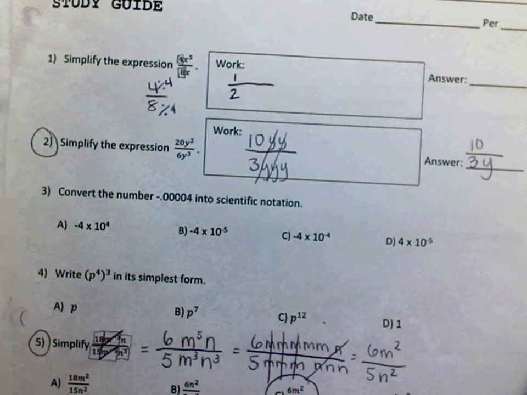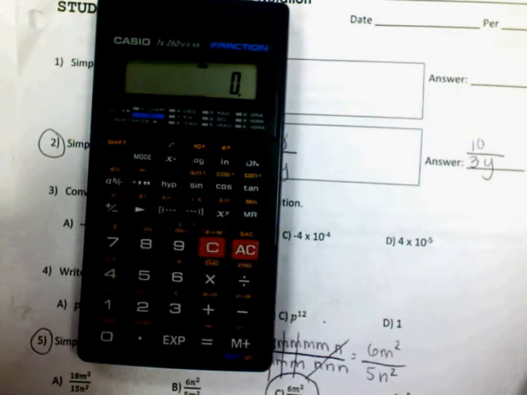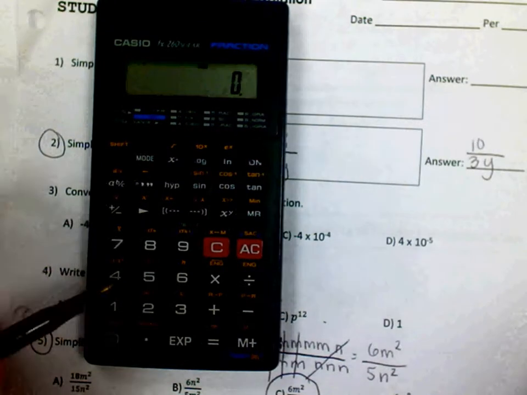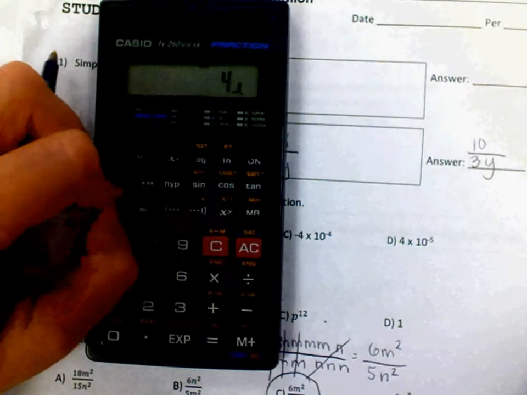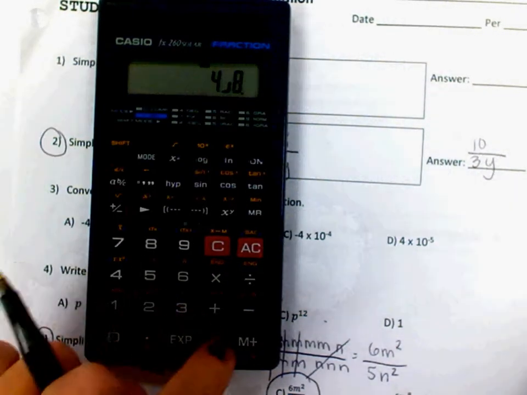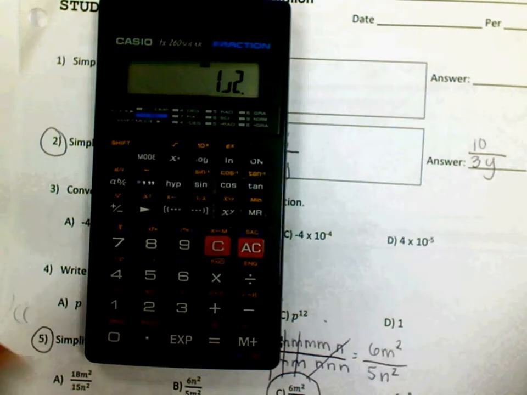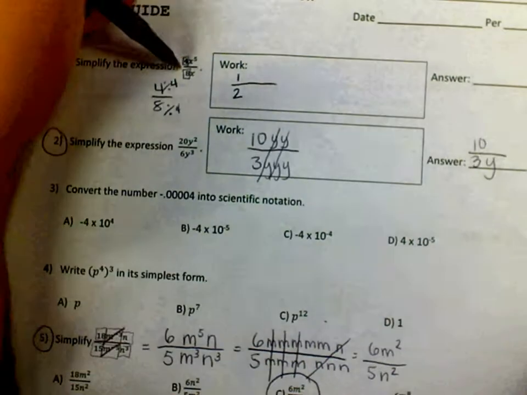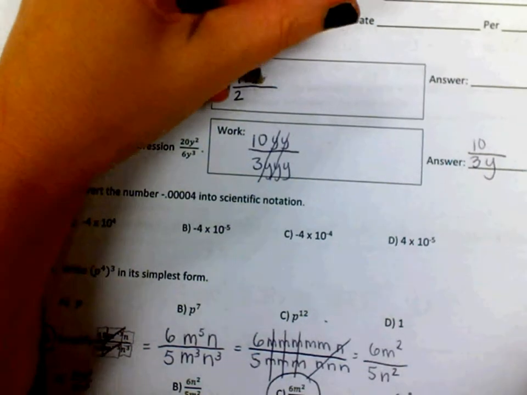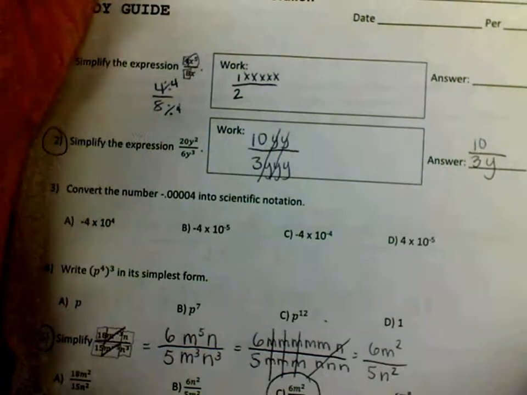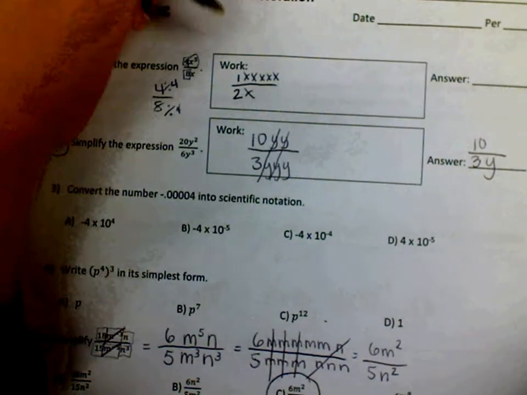Now you can also use your calculator for this using the ABC button. So you would just press 4 and then the fraction button, ABC, and 8, and that'll give you 1/2. So you can always check that in your calculator too. So that's 1/2, and then we have x to the fifth power, which is x times x times x times x times x on the top and just 1x on the bottom.